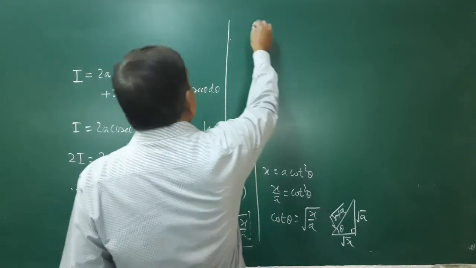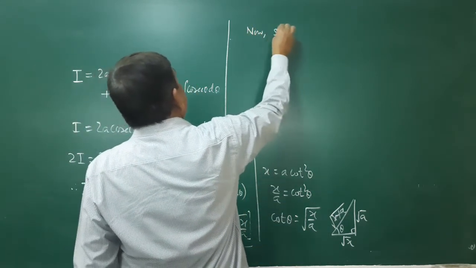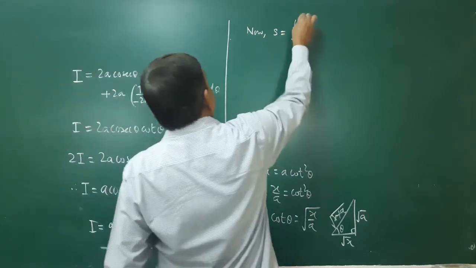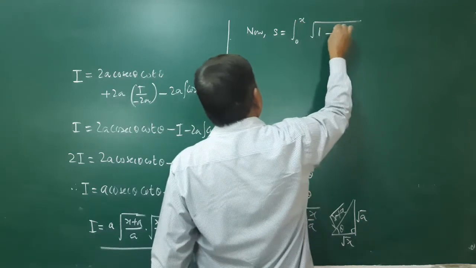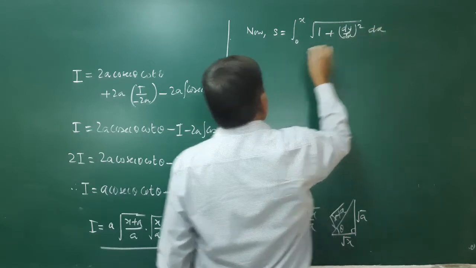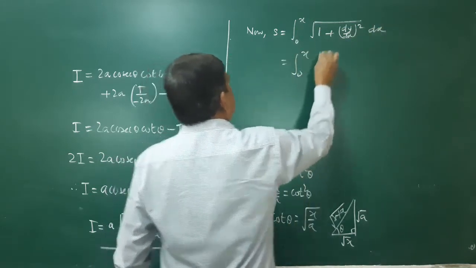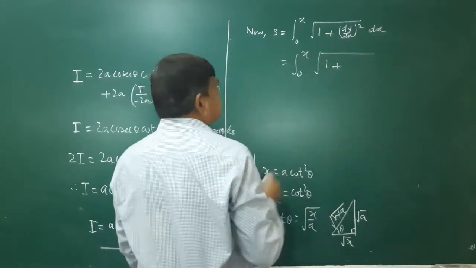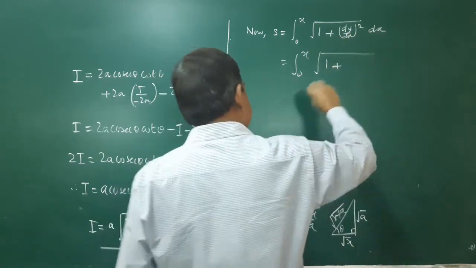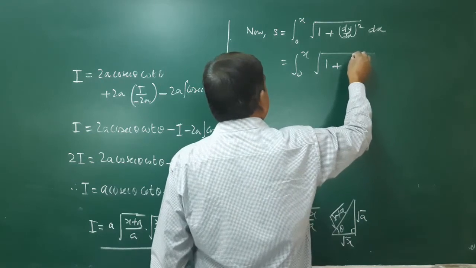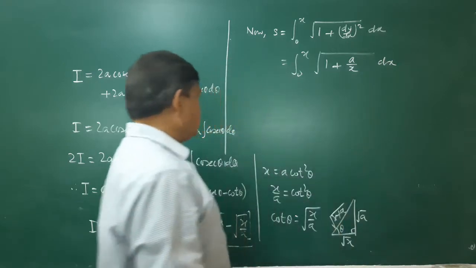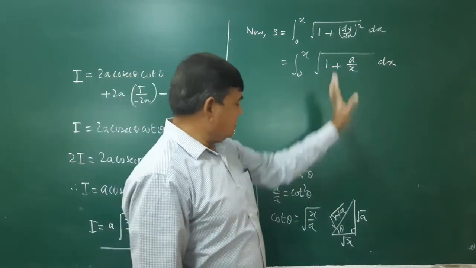Okay. Now, what was s? It is the integral from 0 to x of under root of 1 plus (dy by dx) whole square dx. This was a by x, and x was a cot square theta, so the a's cancel out.